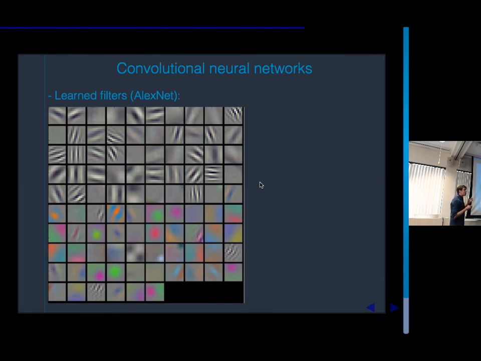But no one ever prescribed this kind of structure. No one ever said, take this filter, it's pretty good, but make sure you also have the 90-degree rotated version, because that might also be good. These are just completely arbitrary filters that were learned by the network.